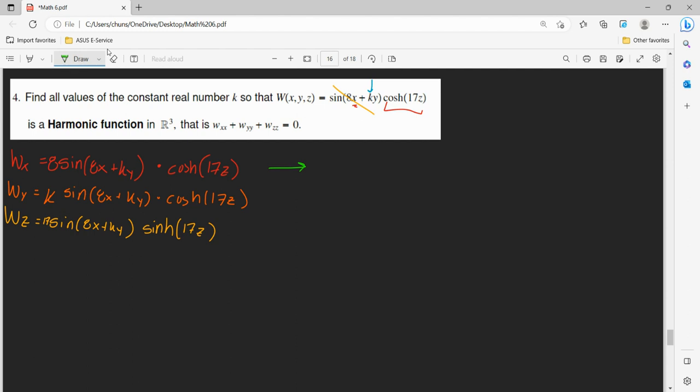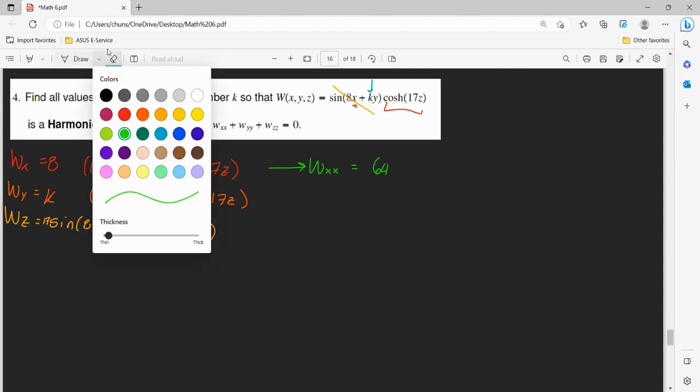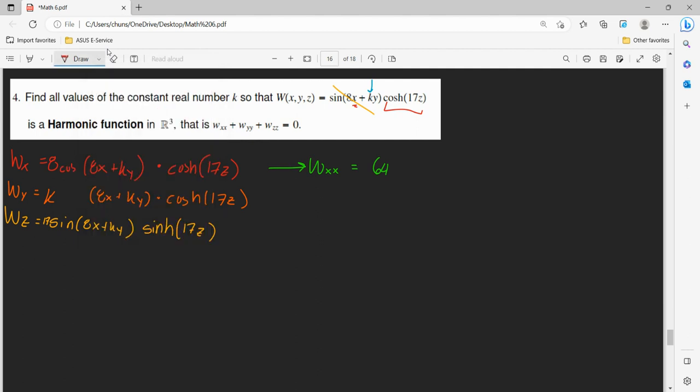So now we're going to do x again. So this will be 64. Oh, I apologize, I was supposed to change these. This is cos. Sorry, forgot my rules.